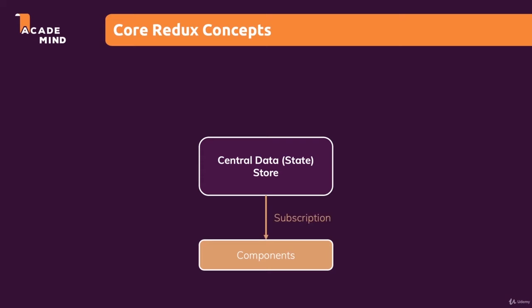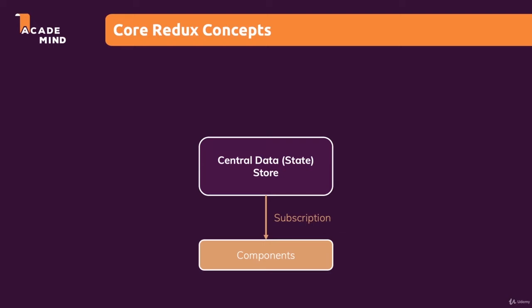They subscribe to the store, and whenever the data changes, the store notifies components, and then components can get the data they need, for example, the current authentication status, so they get a slice of the Redux store, and they can then use it. And of course, we're going to see all of that in action, in detail, in this course. So that's how we get data out of the store.